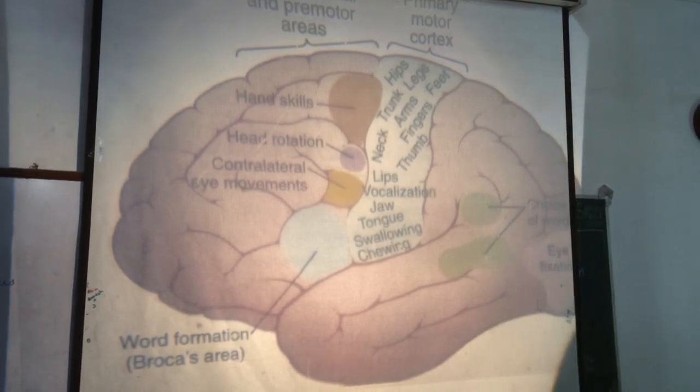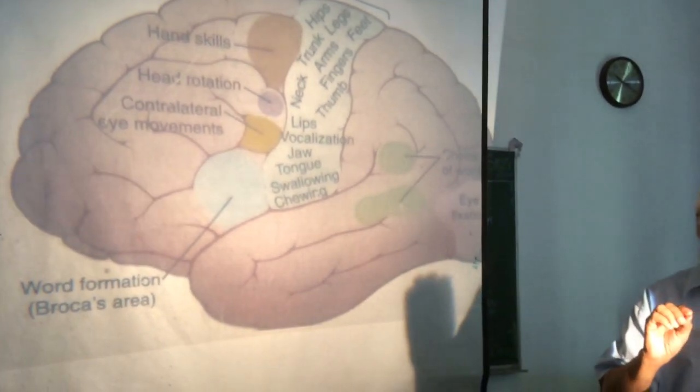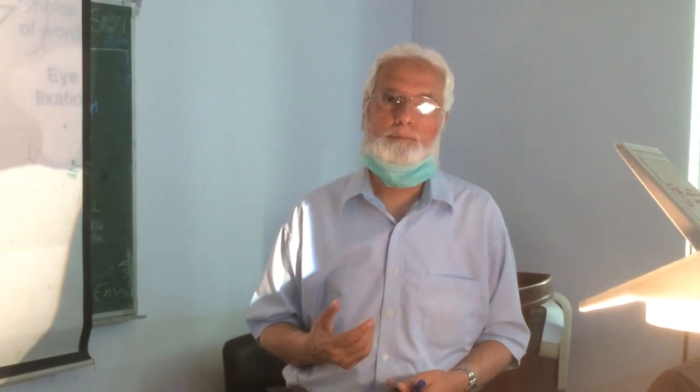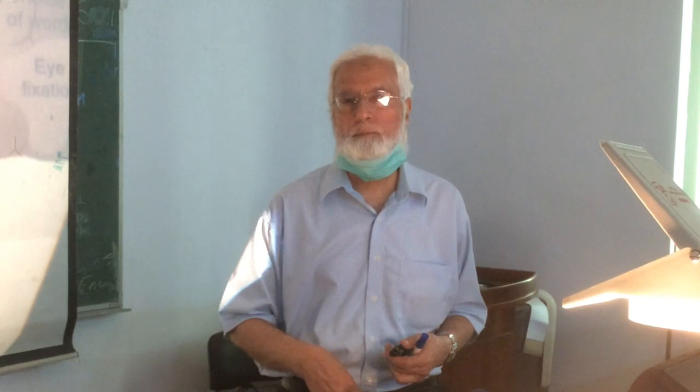I used the words phonation and articulation. Phonation is the production of voice or sound, which occurs in the larynx. The vocal cords vibrate to produce voice or sound, and that is called phonation.